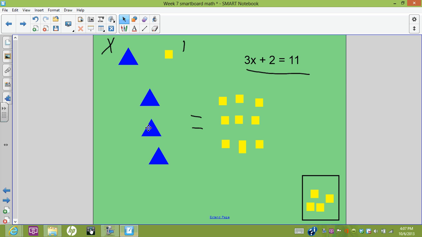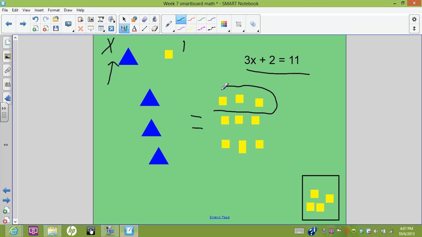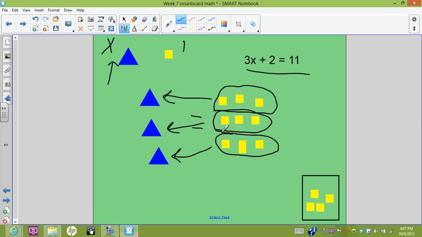And if I were to divide this equally, if I want to find out what just one x is, well, there are 3 yellow squares that go with every x. They divide up very nicely and evenly so that each triangle represents 3 squares. And actually that tells me that 1x equals 3 whole numbers, or 3 squares, or the number 3.